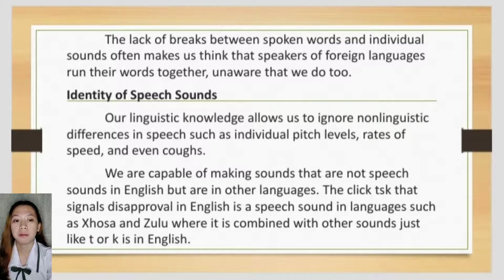We are capable of making sounds that are not speech sounds in English but are in other languages. The click "tsk" that signals disapproval in English is a speech sound in languages such as Xhosa and Zulu, where it is combined with other sounds just like the t or k in English.